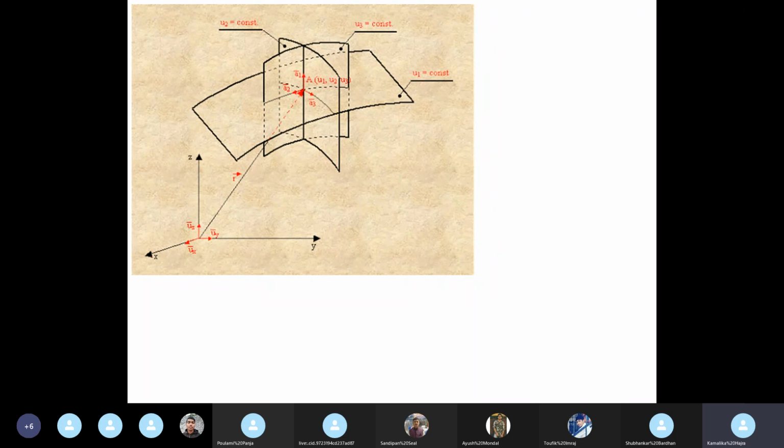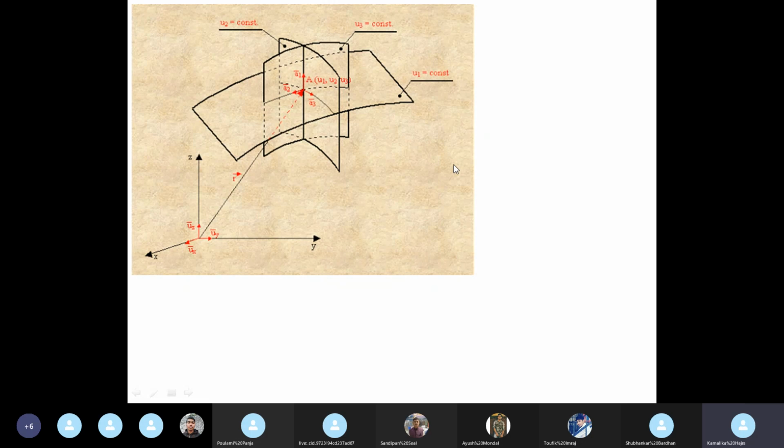For a sphere, we can write x square plus y square plus z square equal to constant. So some function equal to a constant can geometrically represent a surface. So we have three surfaces, u1 equal to constant, u2 equal to constant, and u3 equal to constant, and these surfaces intersect each other.